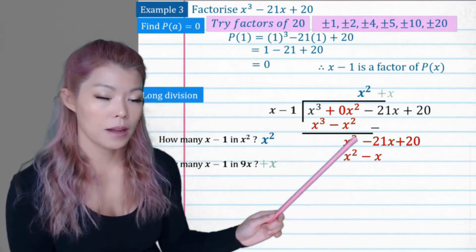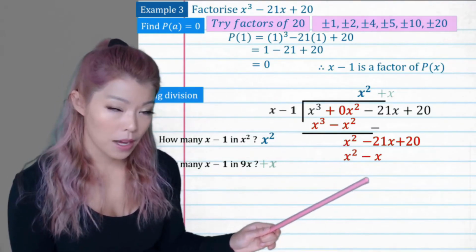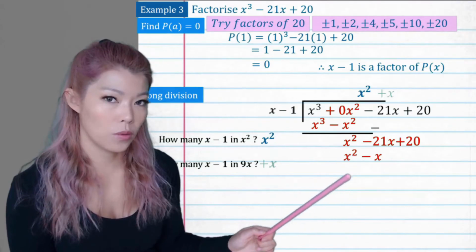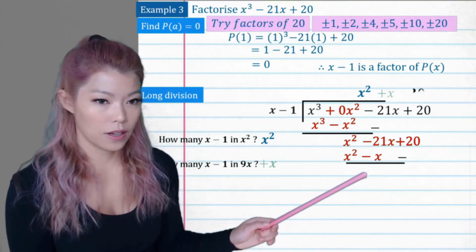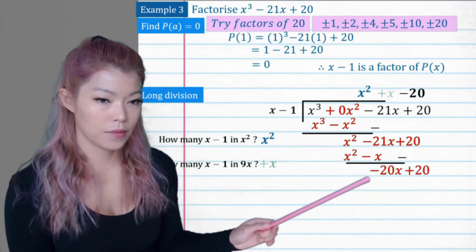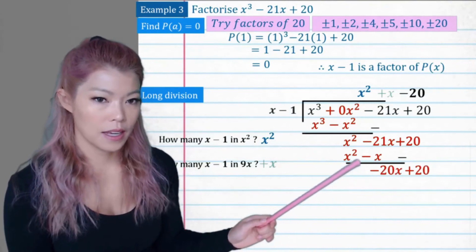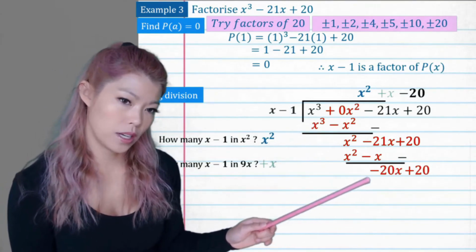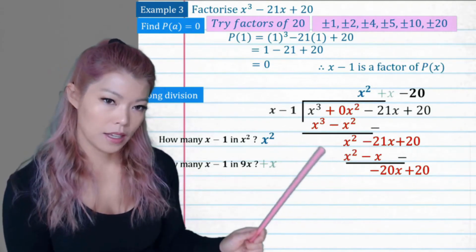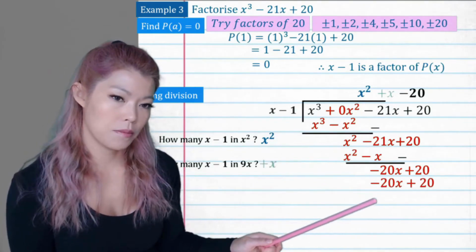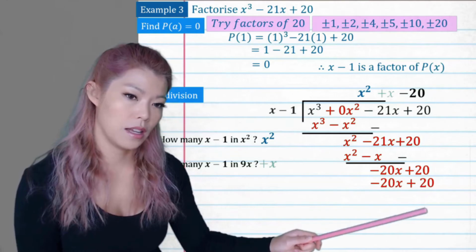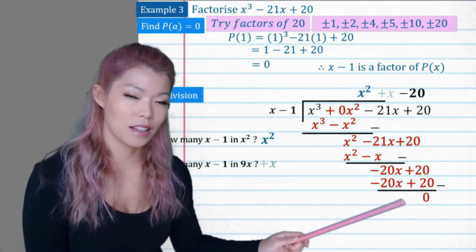Now we subtract. Minus 21 minus x, which means minus 21 plus x will give us minus 20x. And then x times what is minus 20x? That's minus 20. So minus 20 times that gives us minus 20x plus 20, subtracting, and it gives us 0.